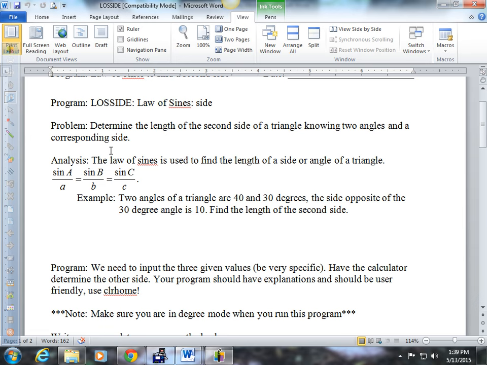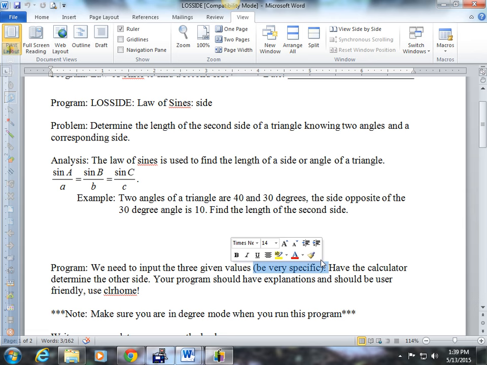What's going to be important to you, folks, is this right here. For law of sines to find a side, we're going to be inputting how many angles? Is it just randomly, angle 1 and angle 2? No, it's very important how you decipher those. In order for us to use the law of sines, we always ask if we have a what?